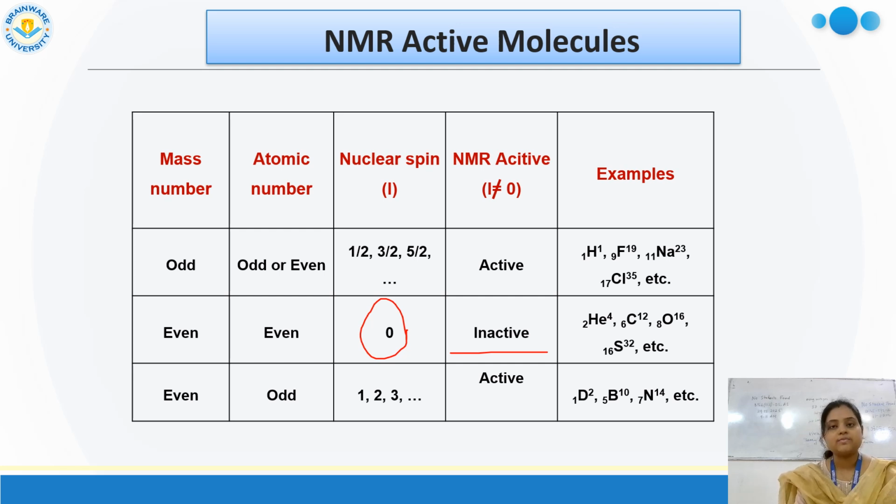The rest of the atoms are NMR active. That means those atoms whose mass number can be divided by 4 are NMR inactive. They will not show any NMR spectra. But the rest of these atoms will show NMR spectra.